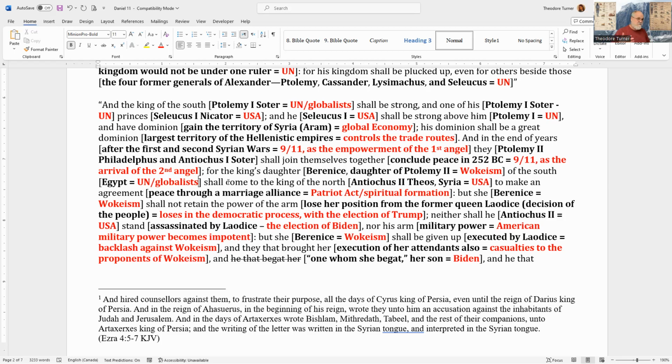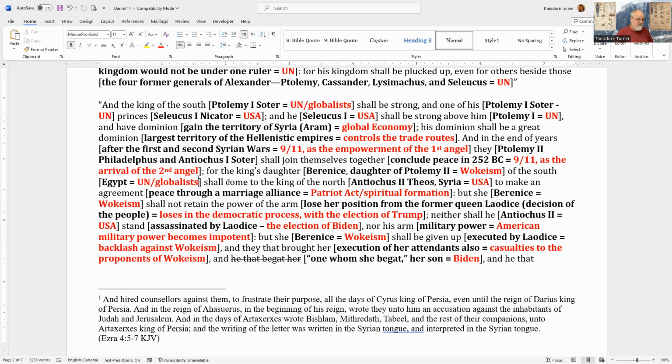So through the democratic process, Trump comes and wins this election. And he's in this line here, doing something similar to what Xerxes does, stirring up all against the realm of Grecia. But here, it's going to be the former queen of the king of the north, right?